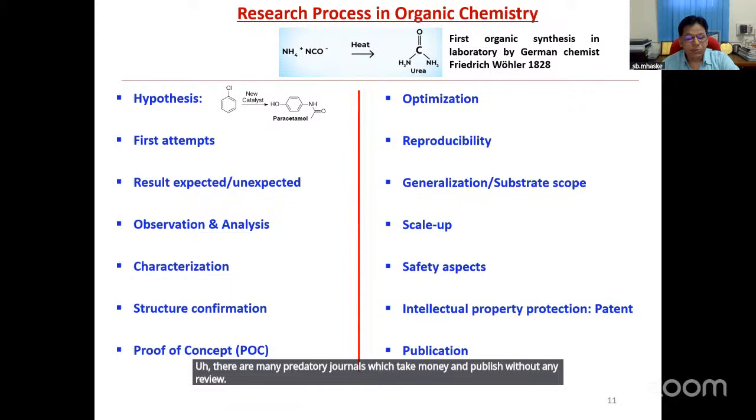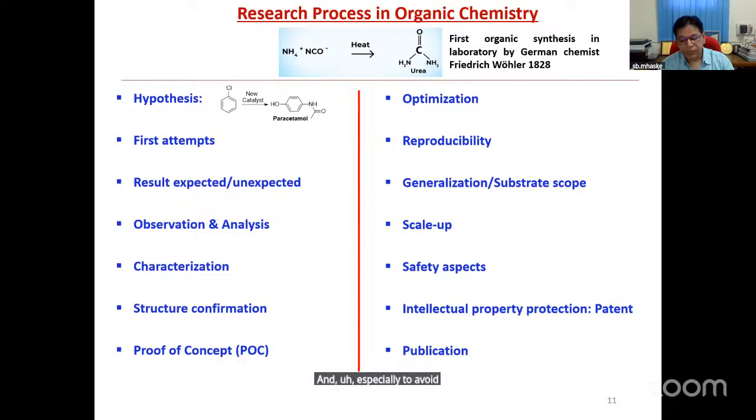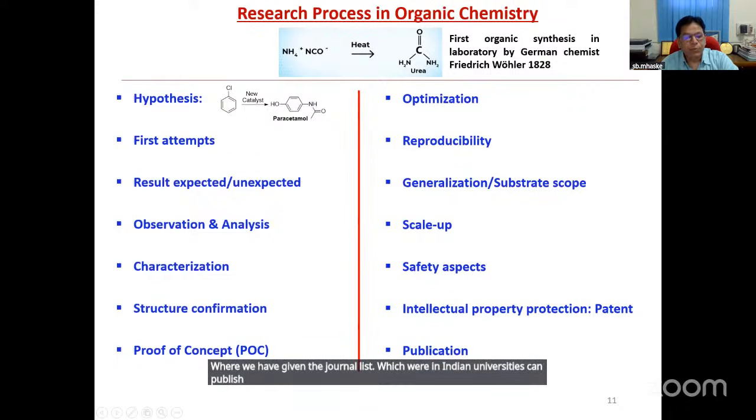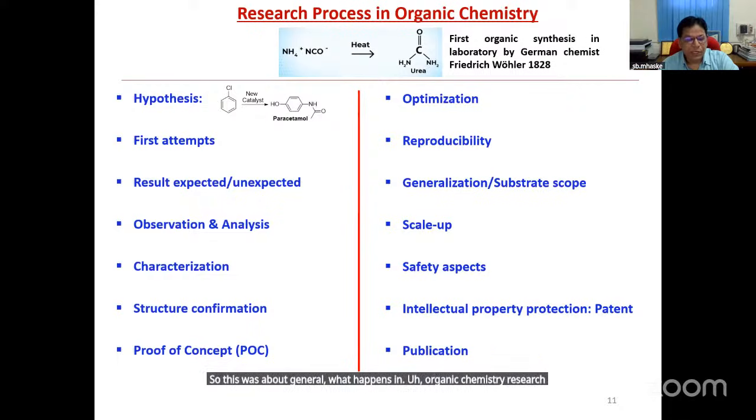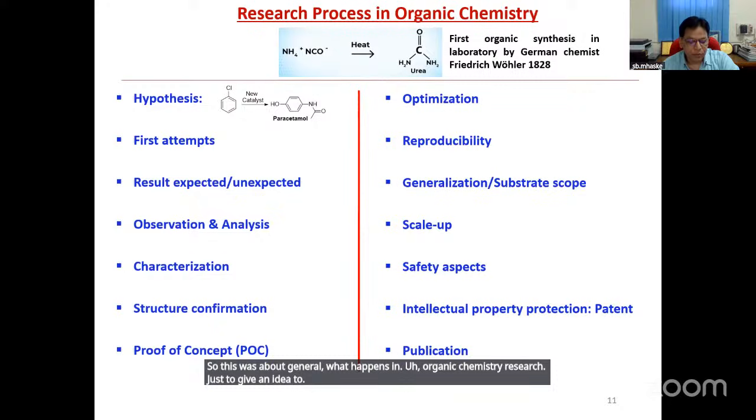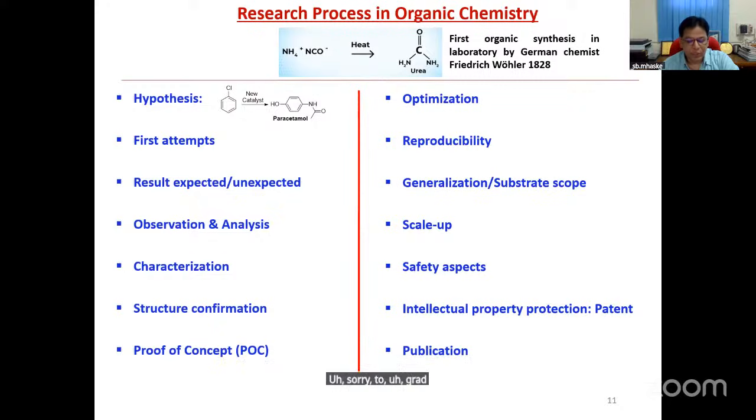Especially to avoid these things, in India we have the UGC CARE list, where they have given the journal list wherein Indian universities can publish, and we cannot publish in any other journal which is not in the UGC list. So this was about what generally happens in organic chemistry research, just to give an idea to graduate or postgraduate students.